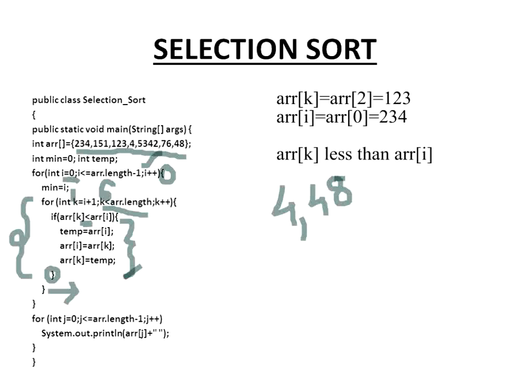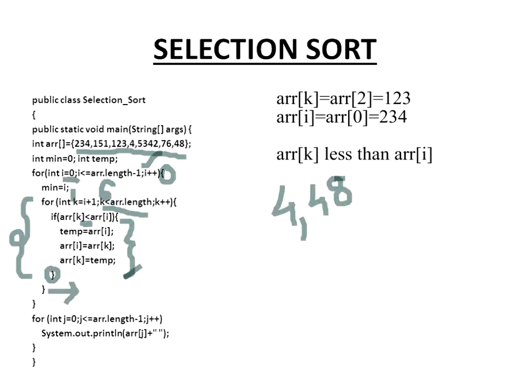Yes, if you want to arrange the data items in descending order, then you have to make just one single change. And that change is here: instead of the less than sign, you will use the greater than sign.